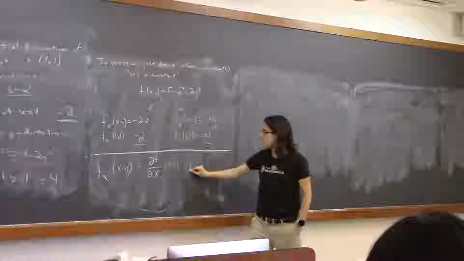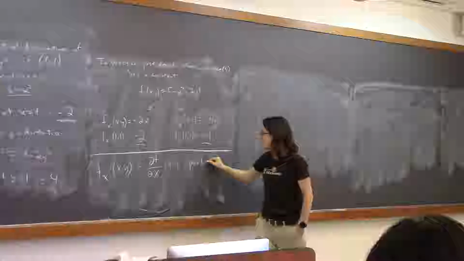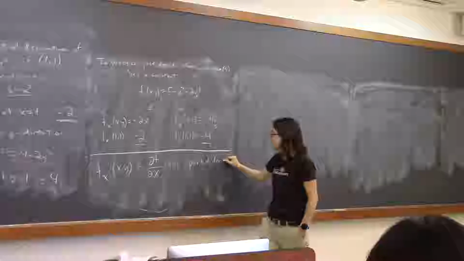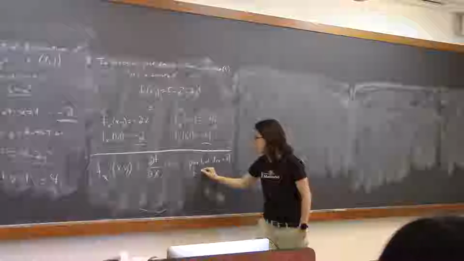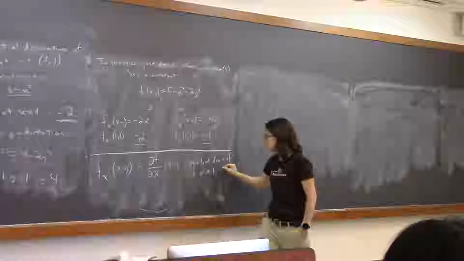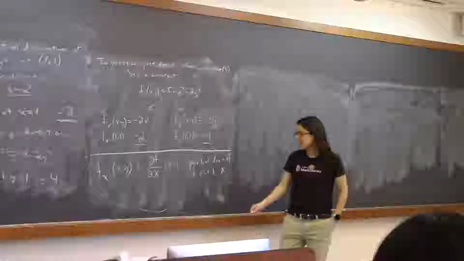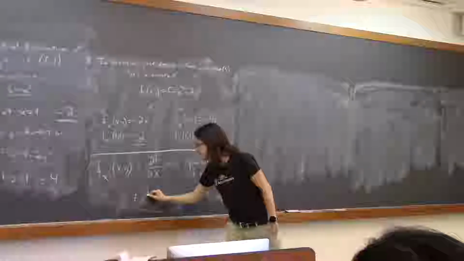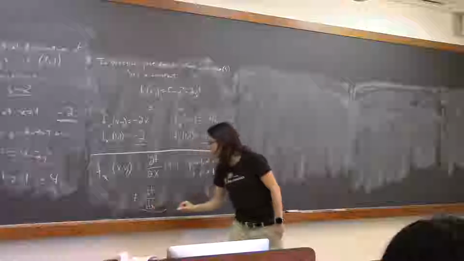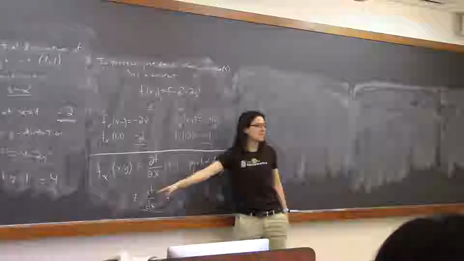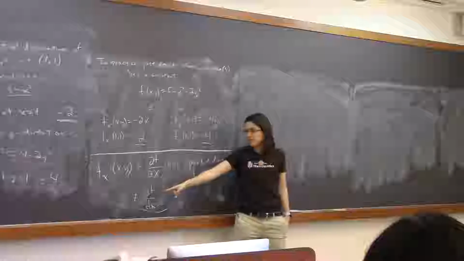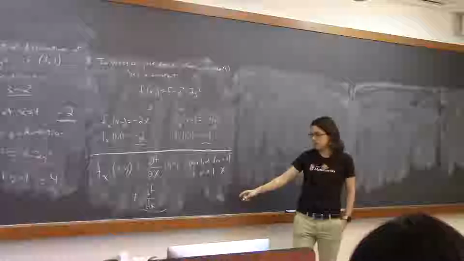And so these are all the partial derivative of f with respect to x. I'll tell you something it's not the same as. It's not the same as df dx. When you use a regular lowercase d like this, it means the total derivative of f with respect to x.